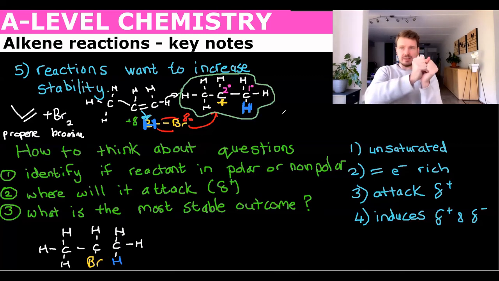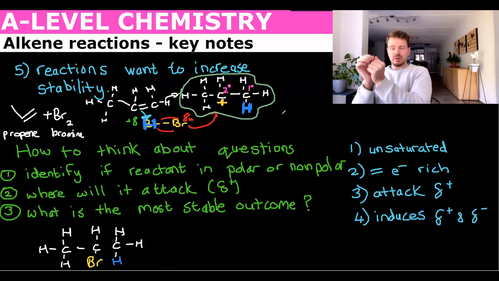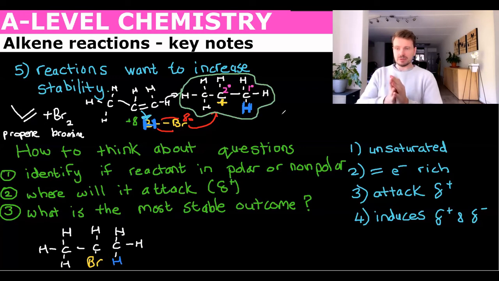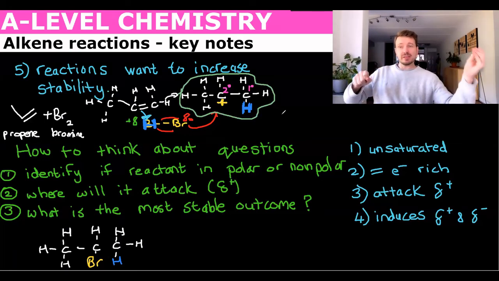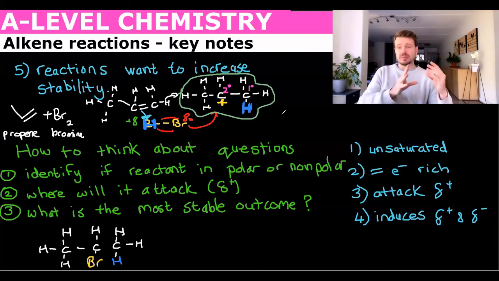It's going to take that positive pole and bring it into its molecule, like we saw with the HBr. Then what's going to happen is, because one side is attacked by H+ and takes that hydrogen, the other carbon on the other side of the bond is now positive because it's needed electrons.